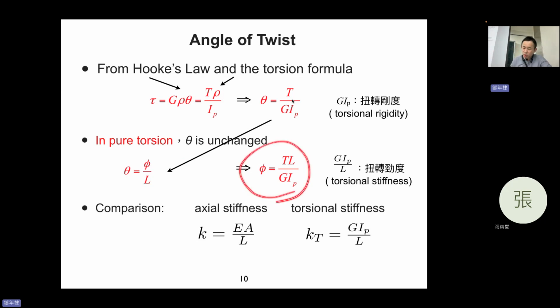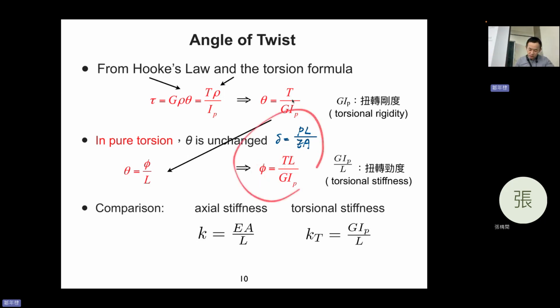Don't you think this formulation is really similar to what you learned before in chapter 2? Delta equals PL divided by EA. Don't you think that looks really similar? P about T, L, E and G, A and Ip. The delta is the result of the axial force, and phi is the result of the torsion.